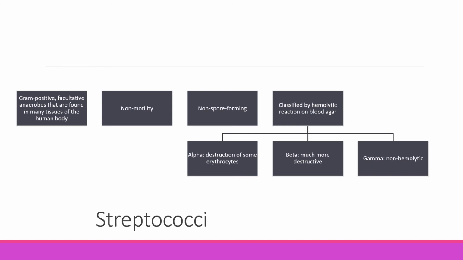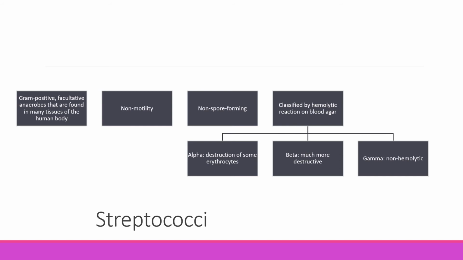Some non-invasive ones are strep throat, scarlet fever, and impetigo. Severe acute invasive diseases include necrotizing fasciitis, pneumococcal pneumonia, streptococcal meningitis, bacteremia, streptococcal toxic shock syndrome, cellulitis, and puerperal sepsis. And chronic diseases include rheumatic fever and glomerulonephritis.